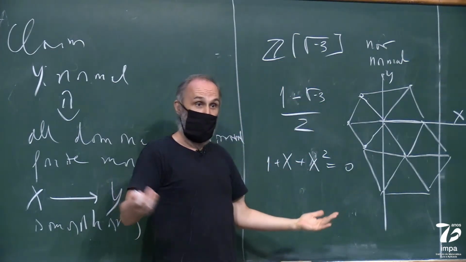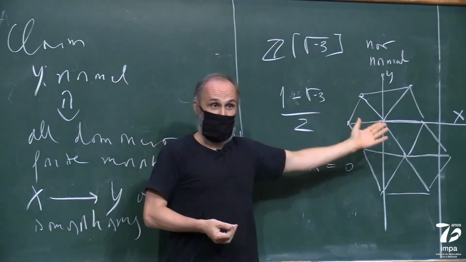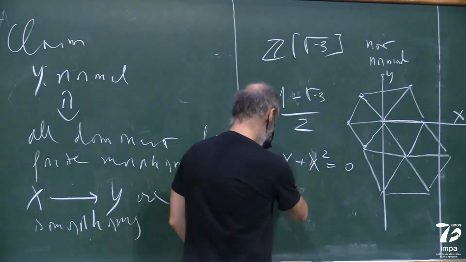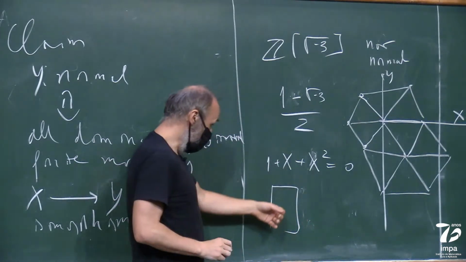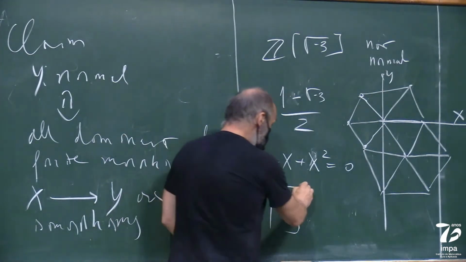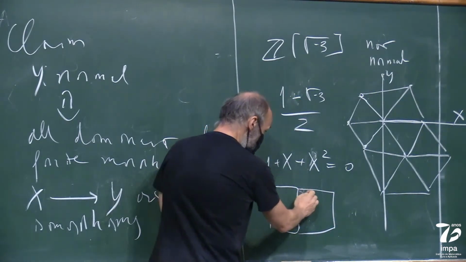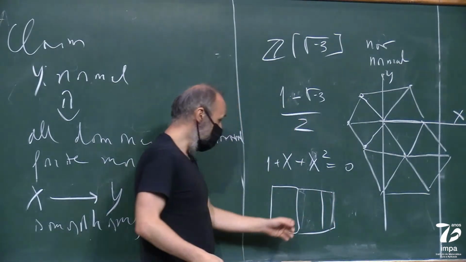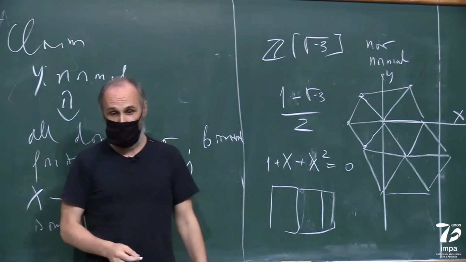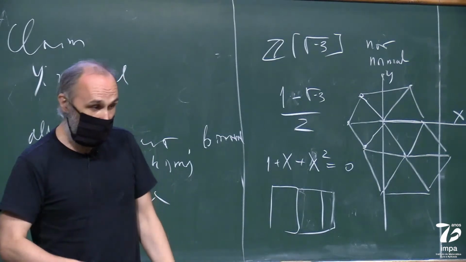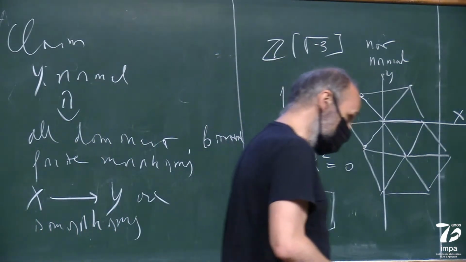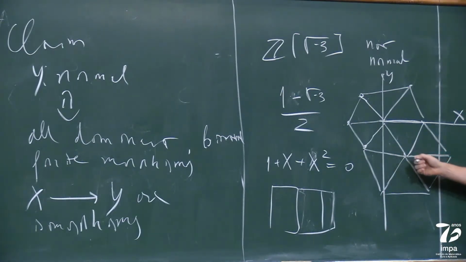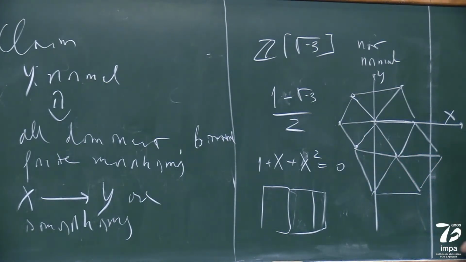It stops being Euclidean, and the Euclidean algorithm in that ring fails because this is too big. This will be like a rectangular lattice with the square root of 3 and this distance 1. It has no Euclidean algorithm, it has no uniqueness of prime decomposition, unlike this lattice, which is very nice and has uniqueness of prime decomposition.